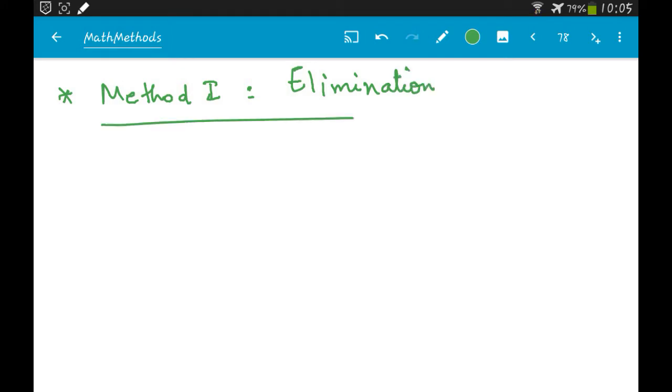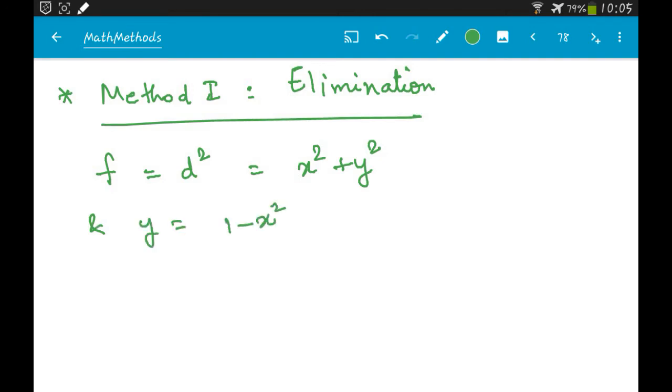So let's see what we mean by this. Let's call our function f, which is basically nothing but d square, x square plus y square. And our constraint was y is equal to 1 minus x square. So we can just substitute this value of y into this equation.